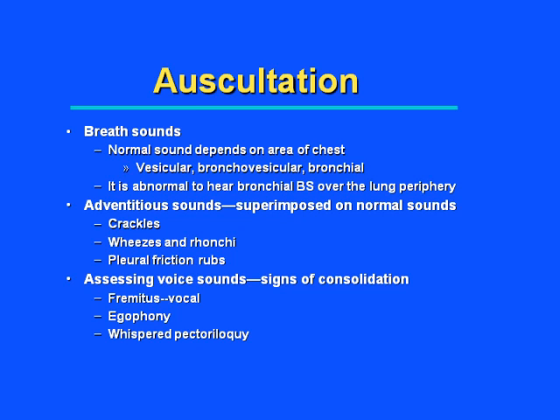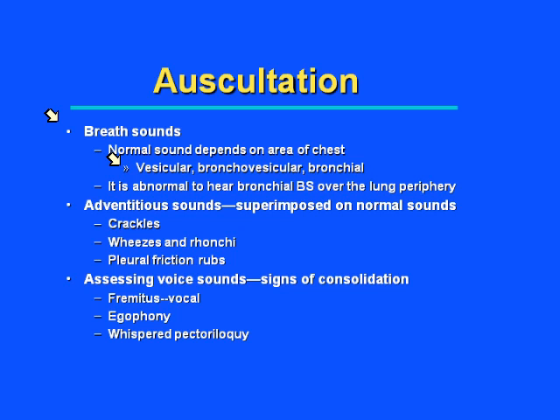So for auscultation, we focus on thinking about 3 different types of sounds. The first is the breath sounds. So important things to remember are that there are different normal sounds depending on the area of the chest you're listening to.